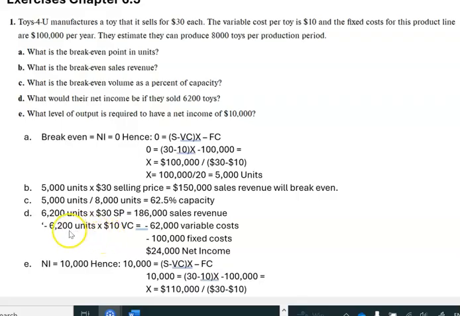So again, we've got our 6,200 units. We know it's a $10 variable cost, so that's a variable cost of $62,000. We know fixed costs are $100,000, so we've got sales revenue minus our variable cost minus our fixed costs leaves us with $24,000 net income.